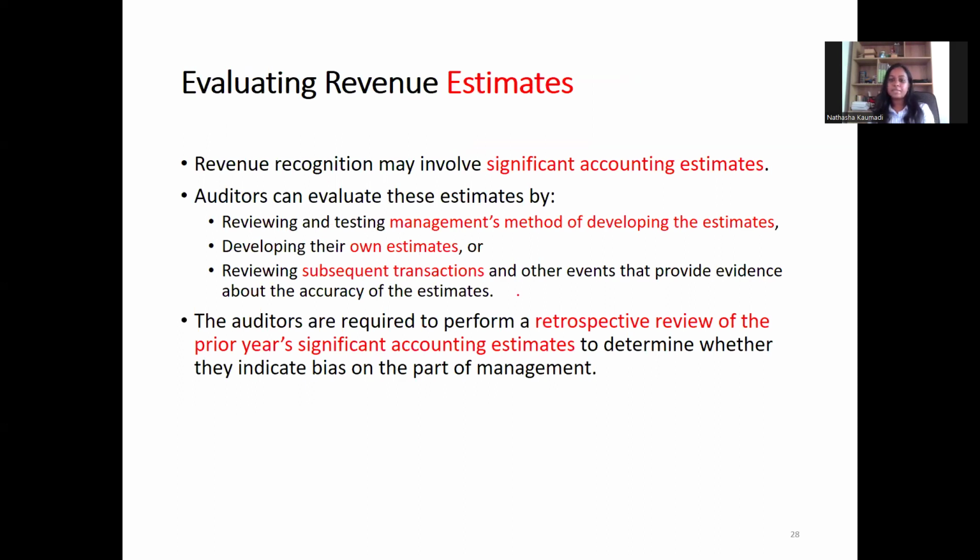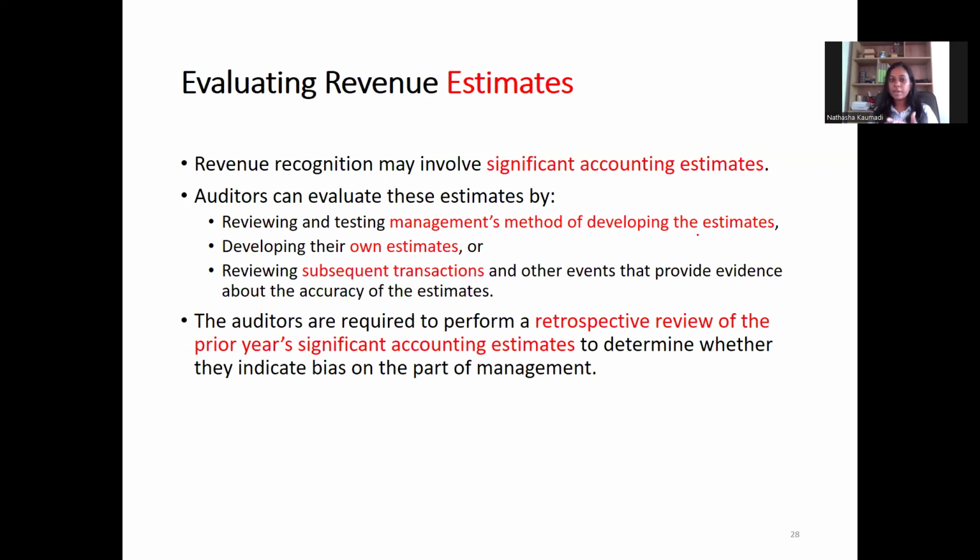Evaluating revenue estimates. Now, I told you there are estimates. When it comes to construction companies, when estimating the percentage of completion, significant management judgments and estimates are involved. So, revenue recognition may involve significant accounting estimates like that. Auditors can evaluate these estimates by reviewing and testing management's method of developing the estimate.